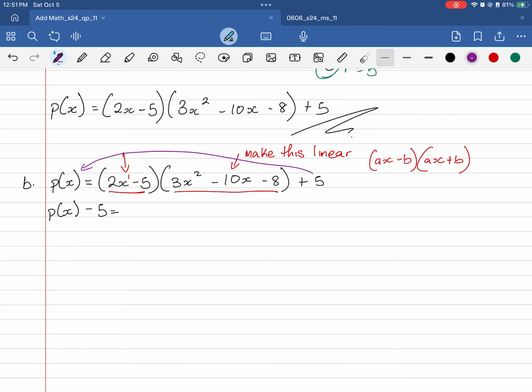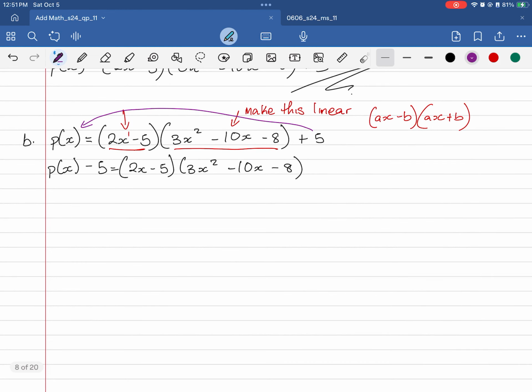So our expression hasn't really changed. So 2x minus 5 times 3x squared minus 10x minus 8. This is a linear factor, so you don't need to worry about this. This is not. So we want to make this a linear factor.